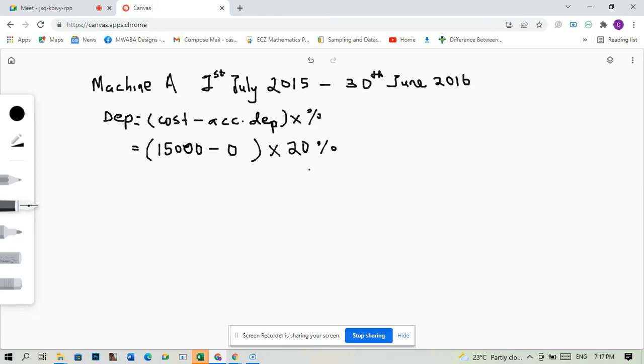So 15,000 times 20%. 20% is the same as 0.2. So 0.2 times 15,000 gives us 3,000. So we've done the depreciation for the first year.